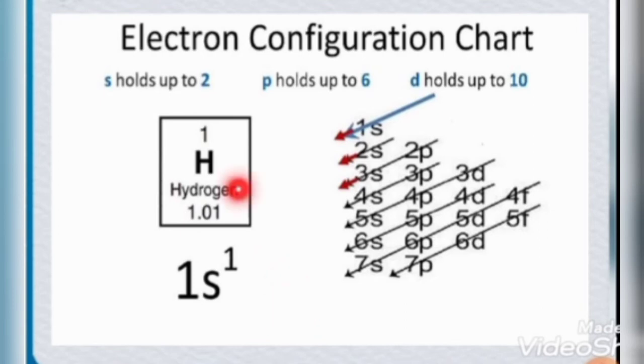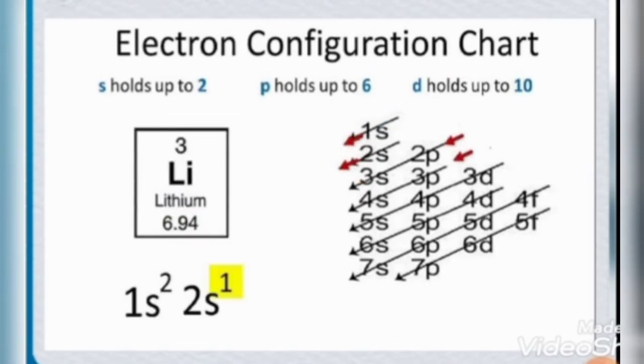I repeat, as I told you in my previous slide, the s subshell can accumulate a maximum of 2 electrons. But in the case of hydrogen, only one electron is present, so this one electron will go to 1s. So 1s1.